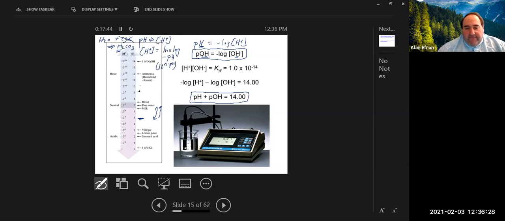Same thing if you're given the pOH, you could get the OH minus concentration from that by taking the inverse log, same calculation, of the minus pOH. So those are two other things that can oftentimes be easier. These will also allow you maybe not to have to use Kw. It gives you a couple different options as to how to solve some of these.